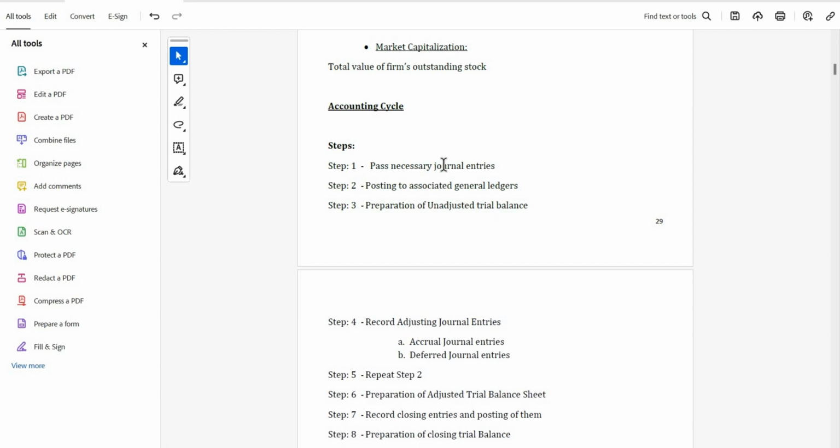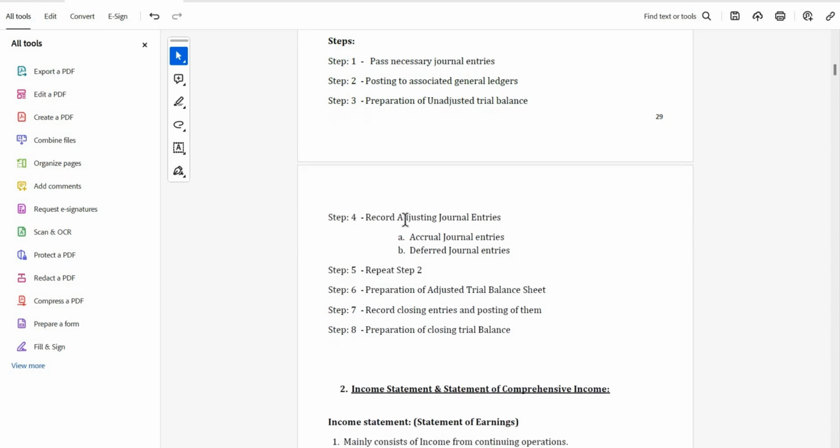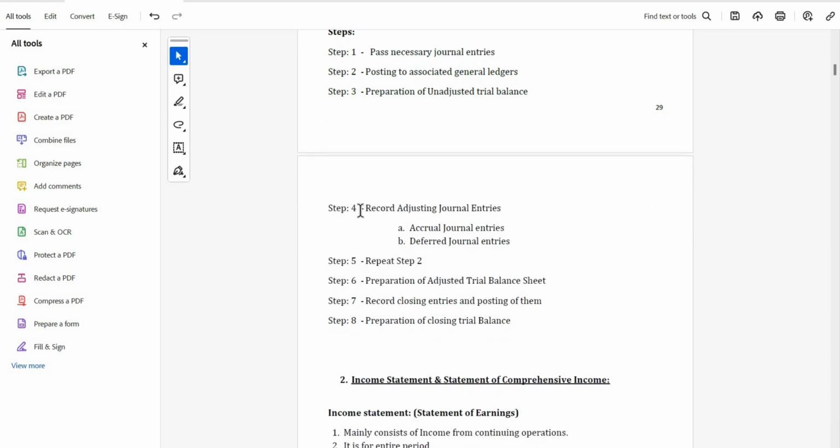After transactions, we need to pass a journal entry. After the journal entry, we need to post it in the ledger, and from the ledger we need to prepare the trial balance. From the trial balance, we need to record the adjusting journal entries at the month end or year end.